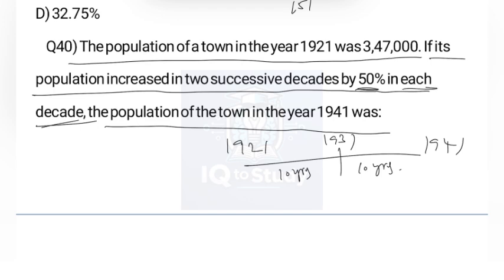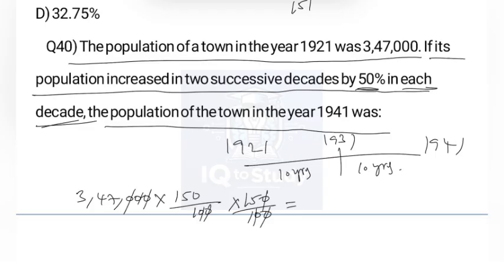So 3,47,000, which was initial population, into 150 by 100 into 150 by 100, that is equal to 347 into 150 into 15, which is equal to 7,80,750.